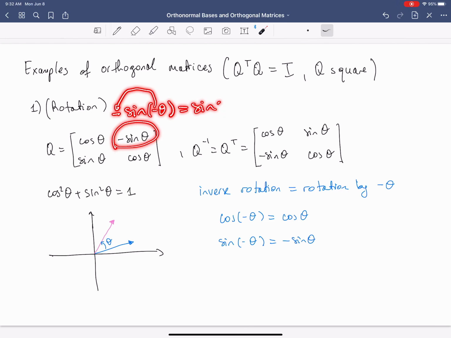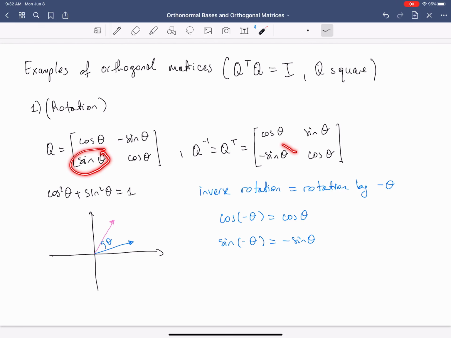So this is just sine of theta, which is exactly what we have here. Similarly, sine of negative theta is negative sine of theta, and the cosine stays the same. So you see that Q transpose or Q inverse is what you would get if you try to rotate by a negative theta. So some interesting properties.